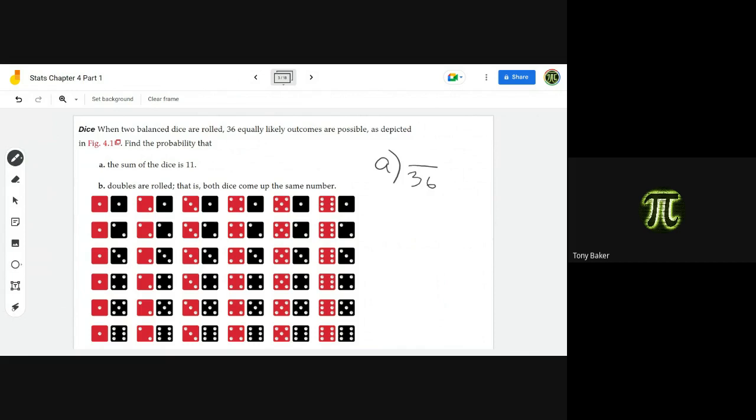So we're going through and adding them up. Honestly, what's the highest sum I could get? 12. What's the lowest sum I can get? 2. So they're probably going to be down towards the bottom. If you look at it, it's actually just those 2. So it's 2 out of 36.